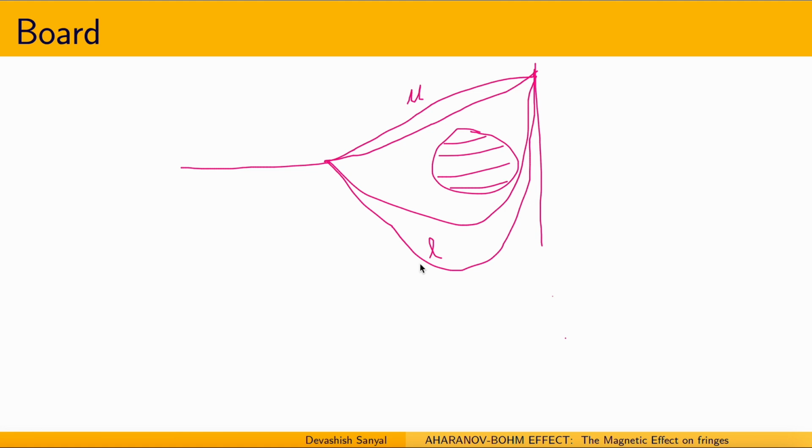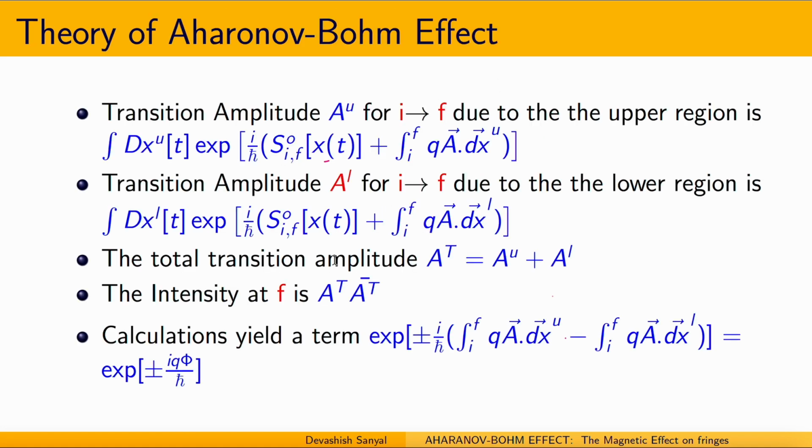And now we are going to use the path integral. For the upper region we have a path integral, going from I to F. The path integral for the upper region is integral Dx^U(t) exponential i by h cross S0_IF x(t), evaluated along a particular path, and then the integral of q A dot dx^U from I to F. The superscript denotes that we are in the upper region.